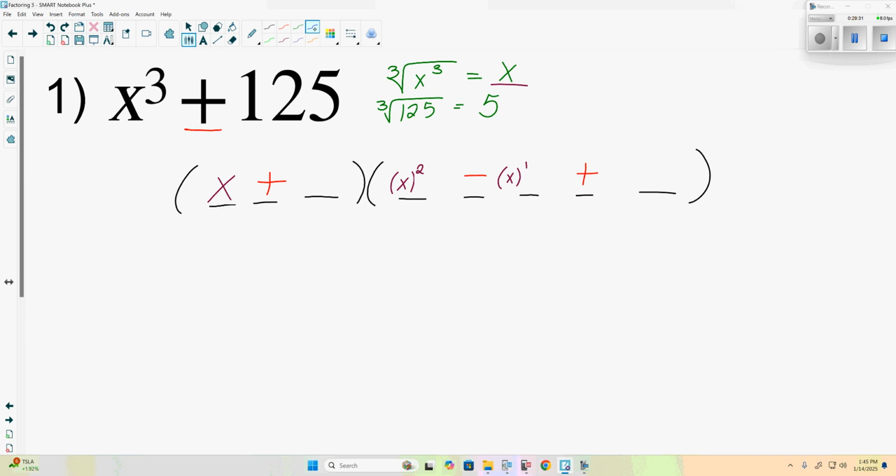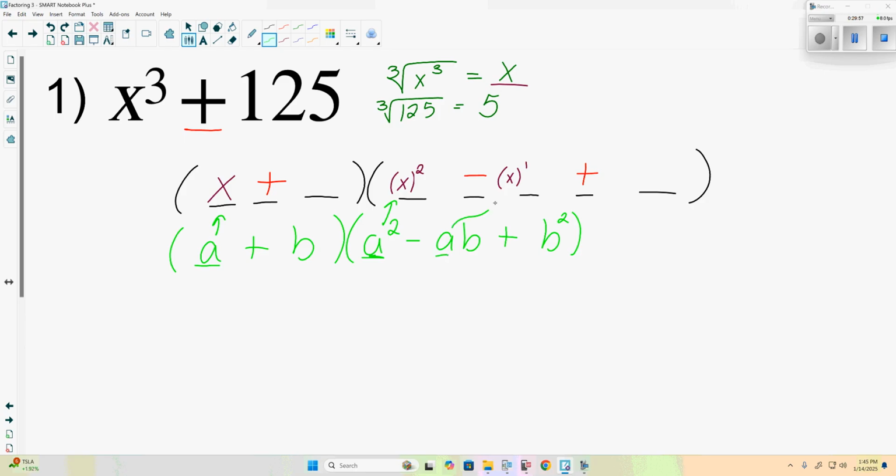So what we've done is, I'll write this underneath, because what we're following is our a plus b, a squared minus ab plus b squared. We're just filling in a, because a in this case is our x. So we replace this a with x, and this a squared with x squared.